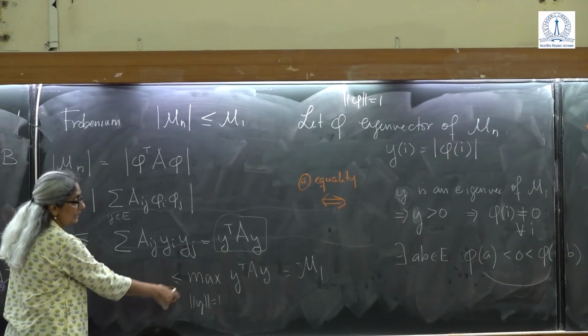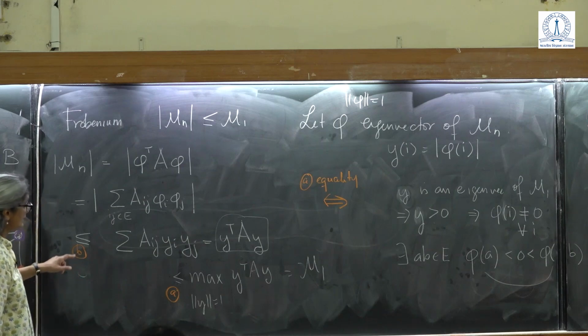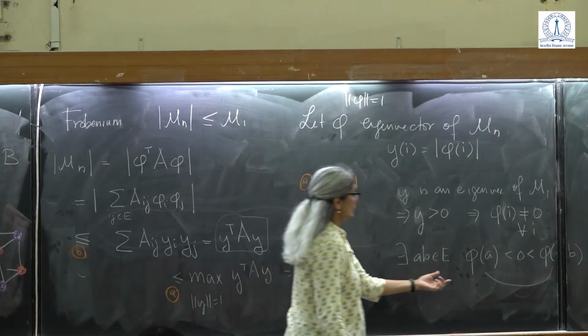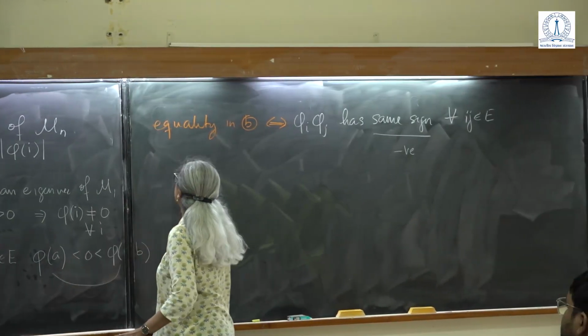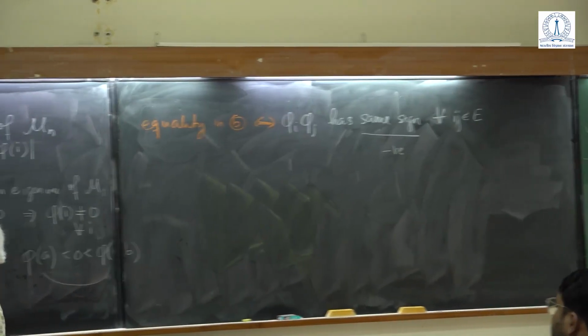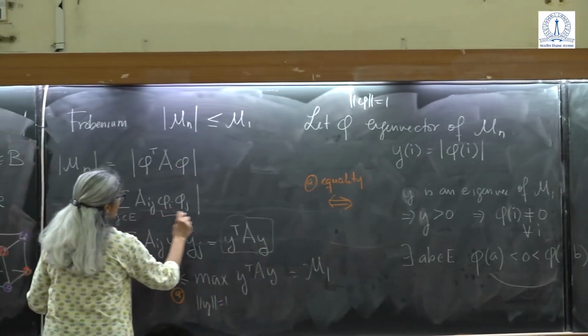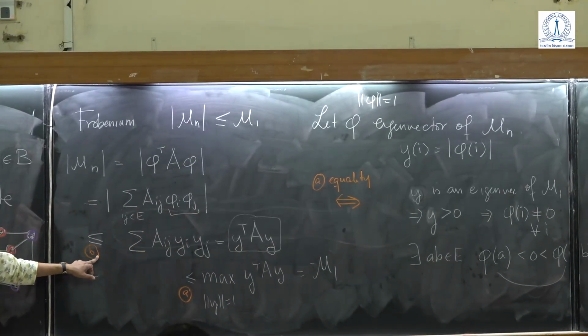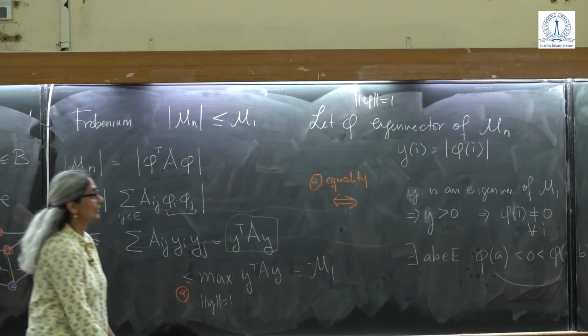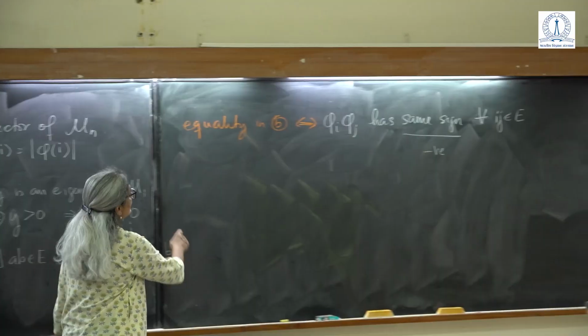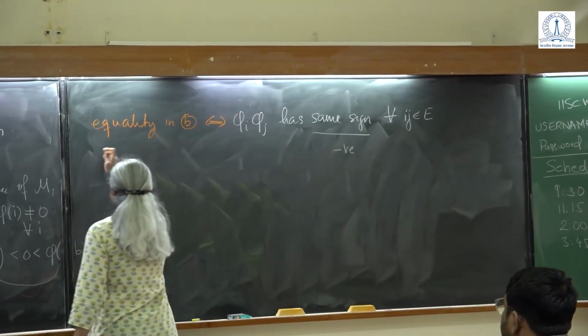If this is equal, you get the first bit, and from here you see there's some edge where they are different signs, so the product is negative. And then if you want this equality, it better be that all of these signs are the same, otherwise you'll get cancellation, but that sign is negative by the first piece. So that sign is negative.